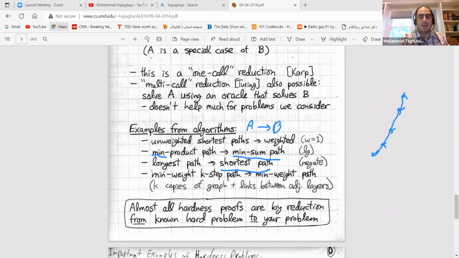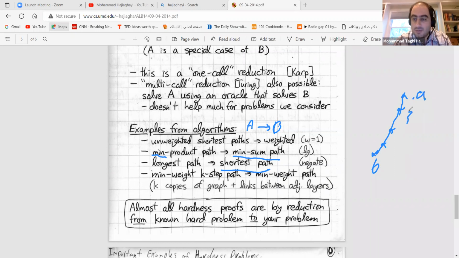Another problem is this one, the min weight k-step path to min weight path. These are all from the shortest path problem. For the min weight path, you want to find the shortest path from A to B. Now what about the minimum weight k-step path?